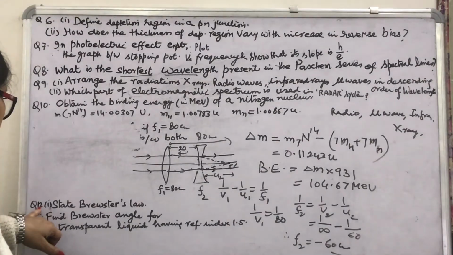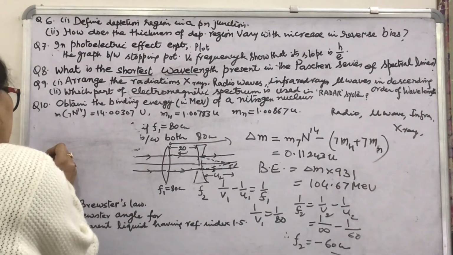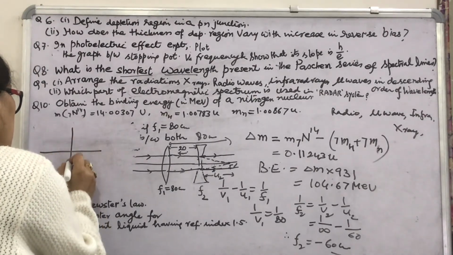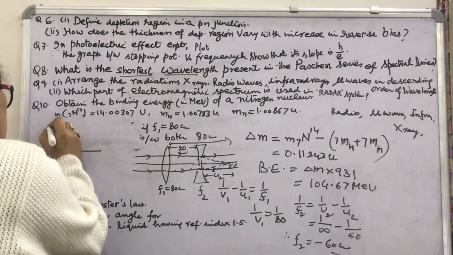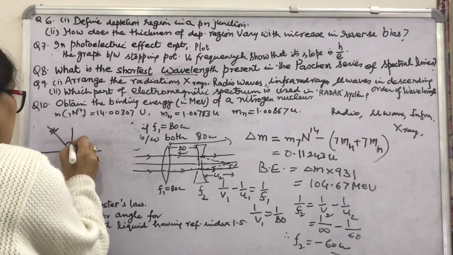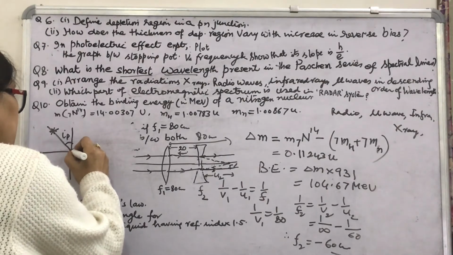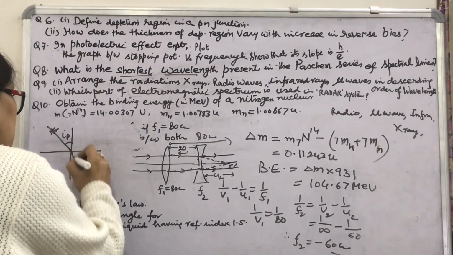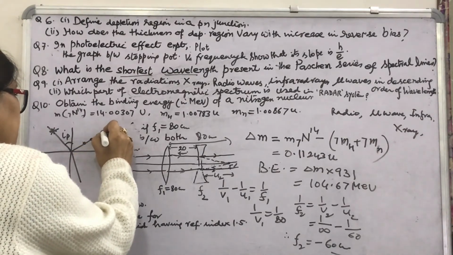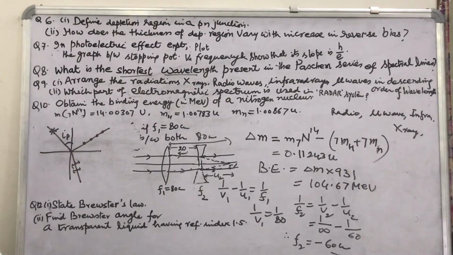In question 12, first part, state Brewster's law. You know, whenever there is a transparent material, if unpolarized light is incident at the Brewster's angle, also called the polarizing angle, then the reflected and refracted light rays are perpendicular, and the reflected ray is completely polarized, while the refracted ray is partially polarized.